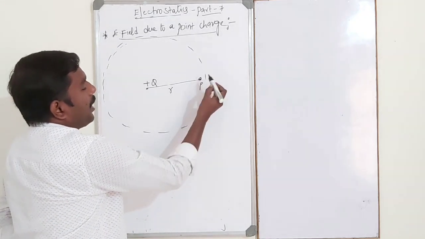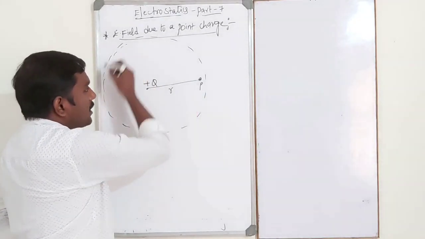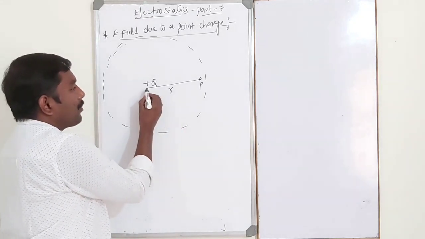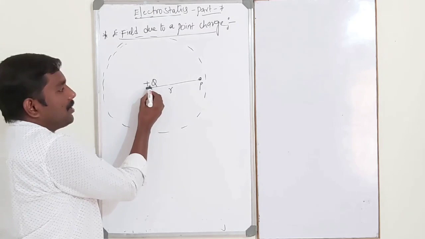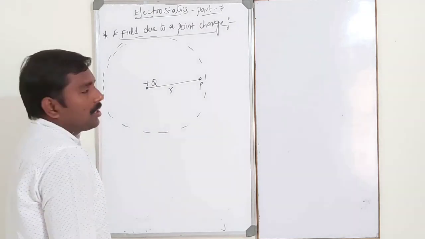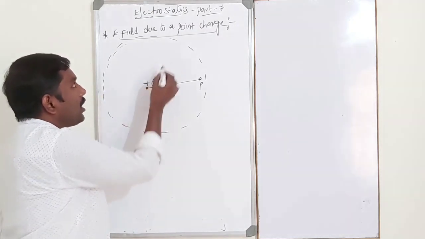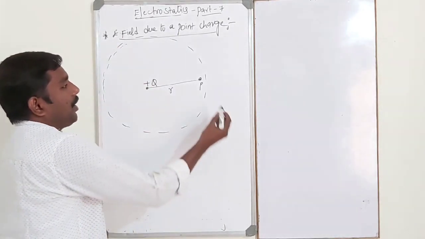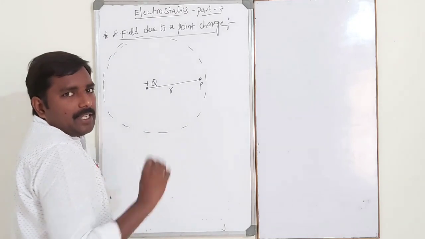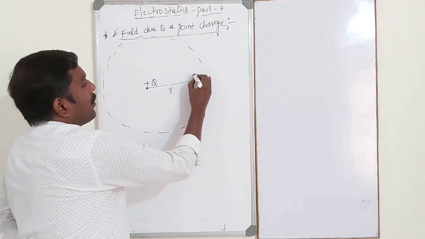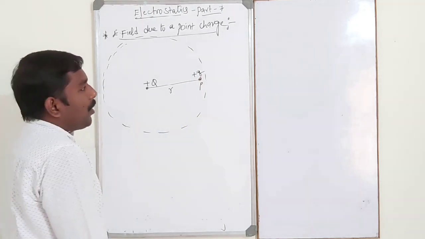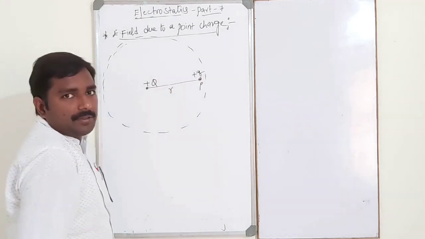So let us consider a point P inside the region of electric field at a distance of r from the source charge. This is the source charge, because due to this charge electric field will be developed around it. So consider 1 coulomb of charge, plus q, placed at that point.